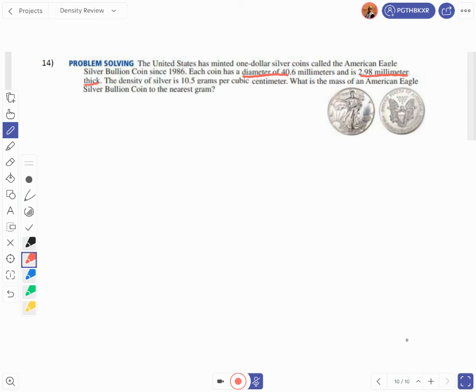The density of the silver coin is also given. The question is, what is the mass? So let me write the details. First of all, density is given as 10.5 grams per cubic centimeter, and next the dimensions, the mass is to be computed.